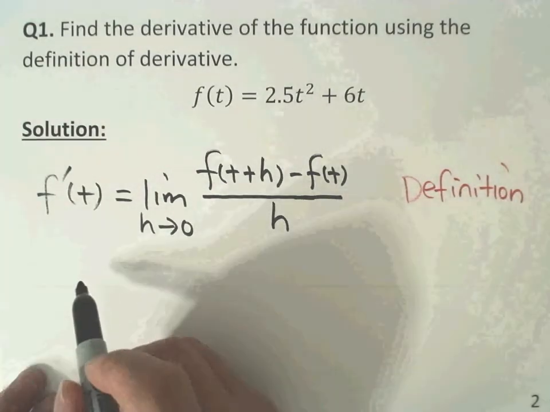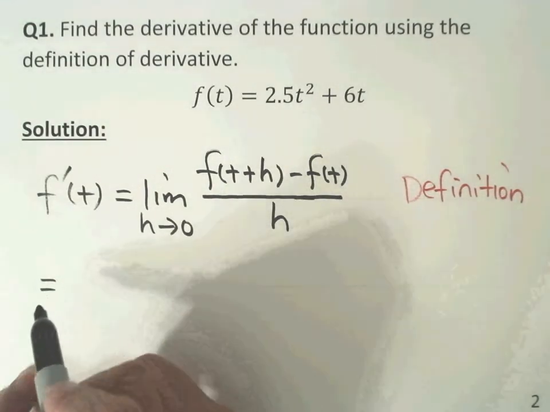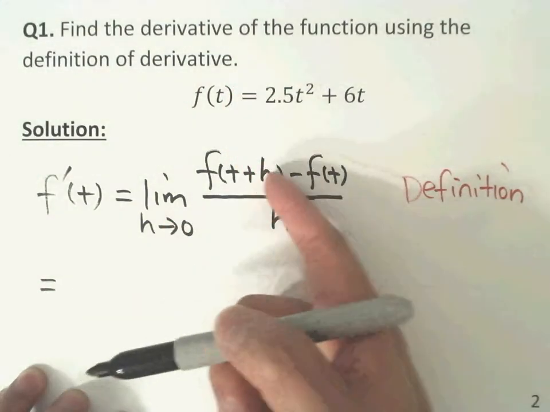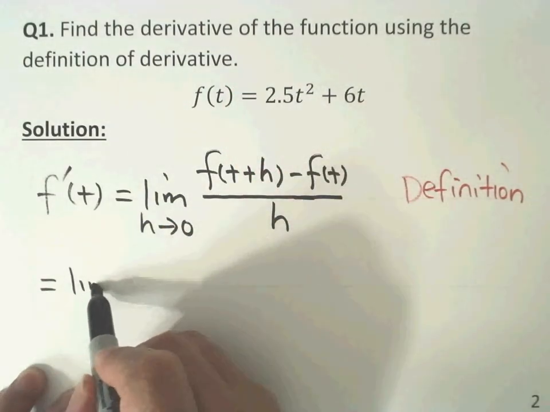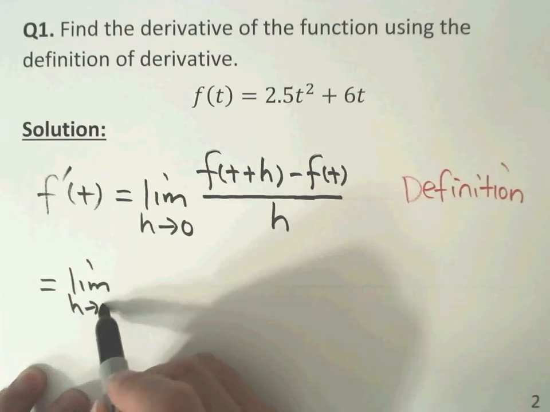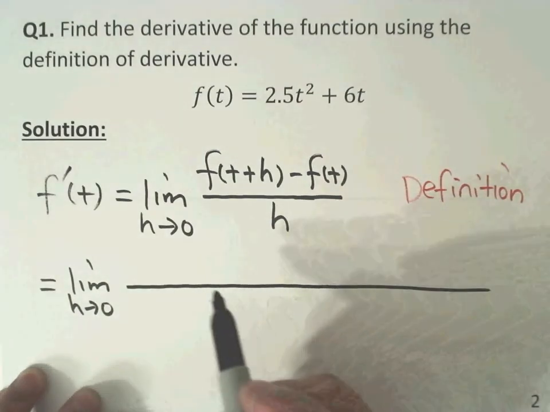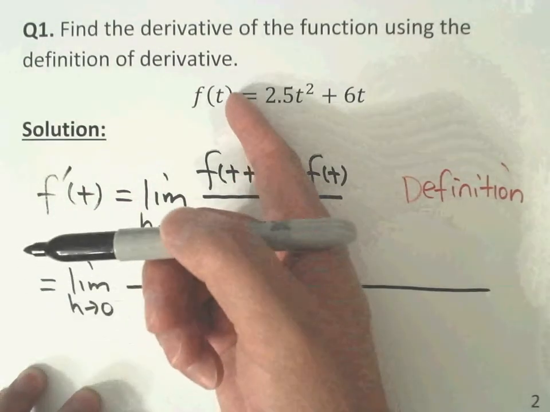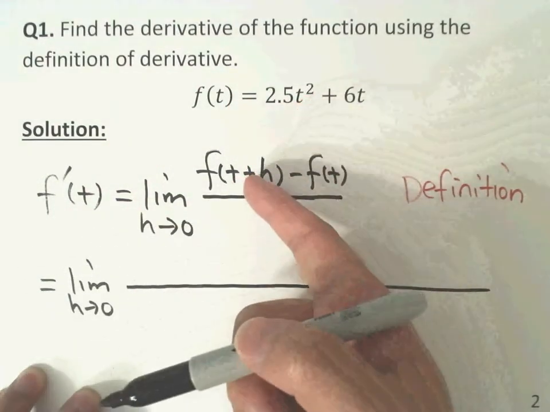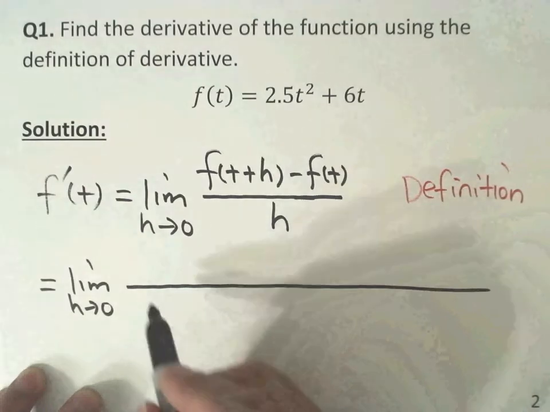Now let me directly plug f into this formula, which means the limit as h approaches 0. Now we have this fraction. For f of t plus h, replace t by t plus h.